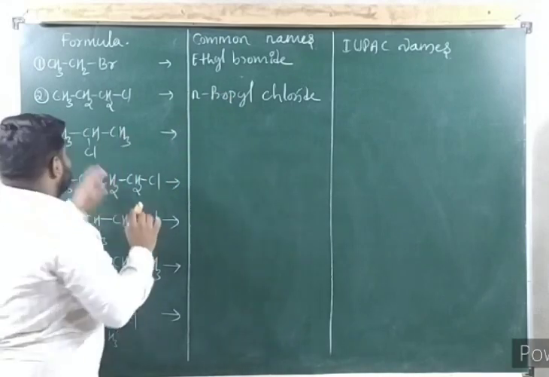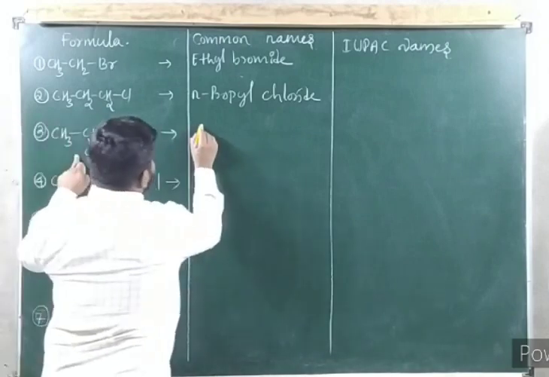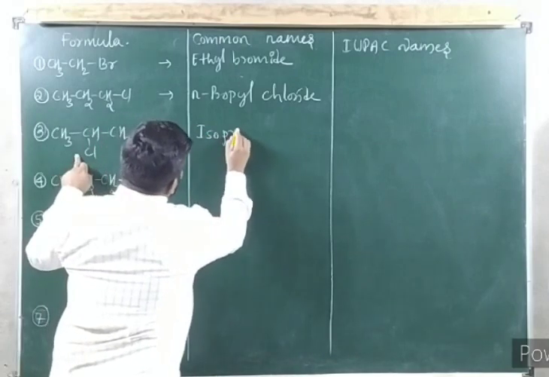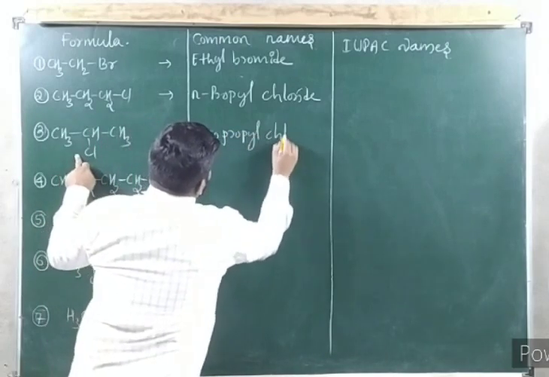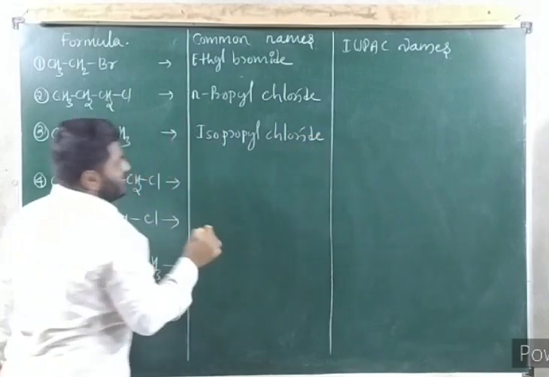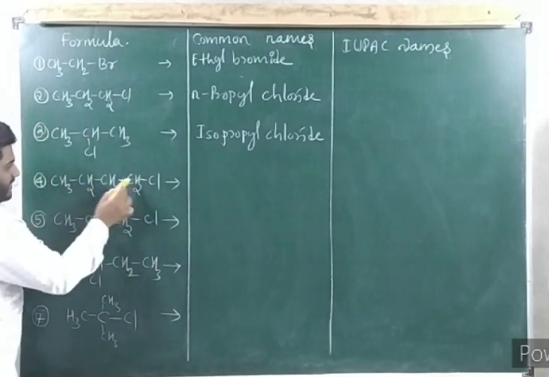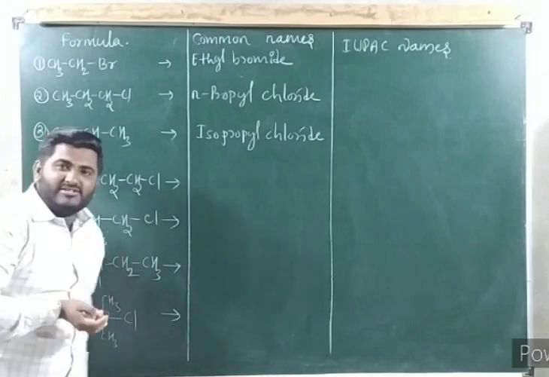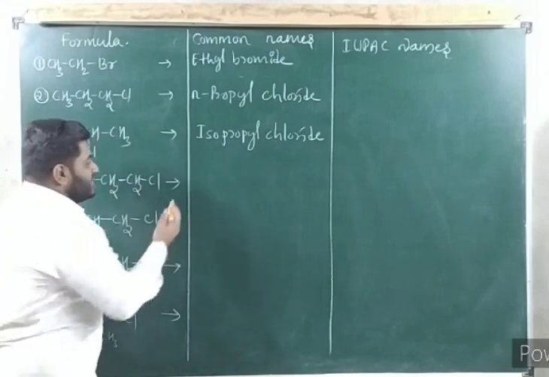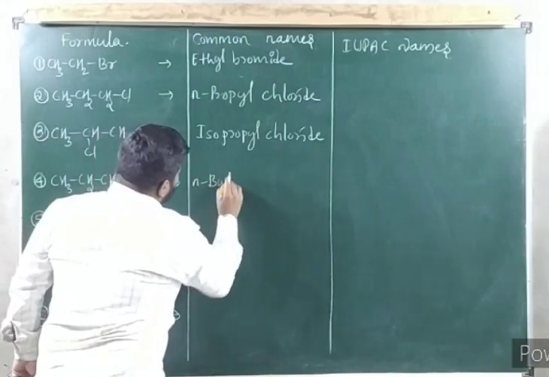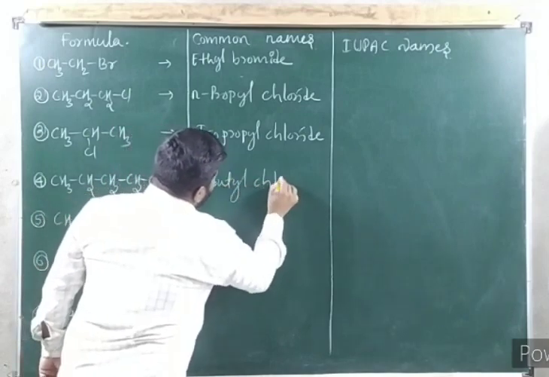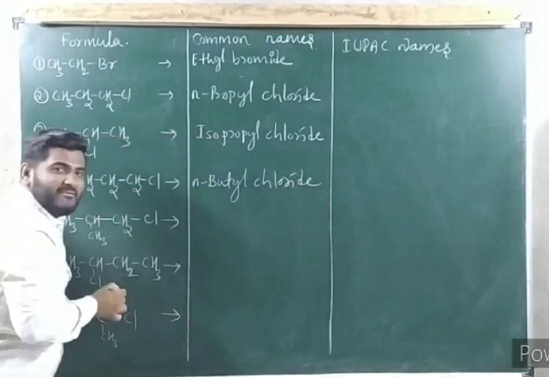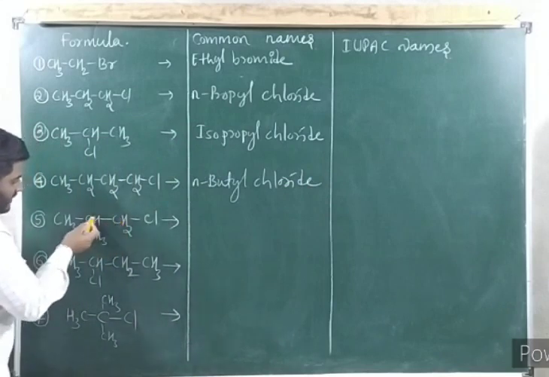So what is the name? Isopropyl chloride. Already we have discussed this, right? Next one, total 4 carbons. So straight chain. So it is n-butyl chloride. I hope you are getting it. What about this case? 1, 2, 3, 4. Again 5 are there.